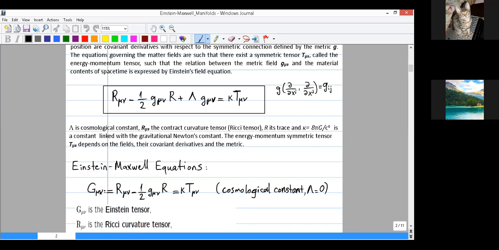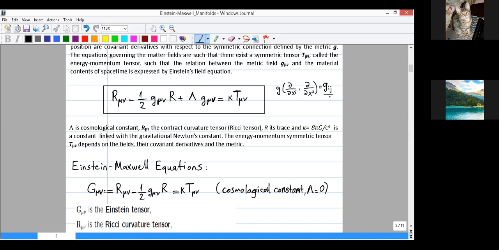By the way, we use Ricci calculus notation, where you feed the metric with these vectors. We write with this index notation.